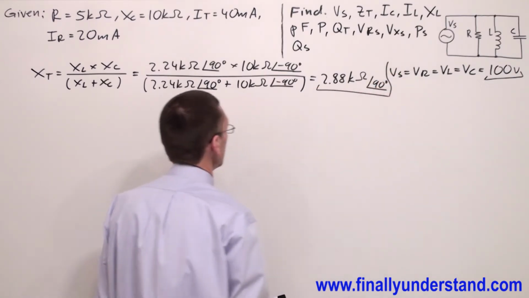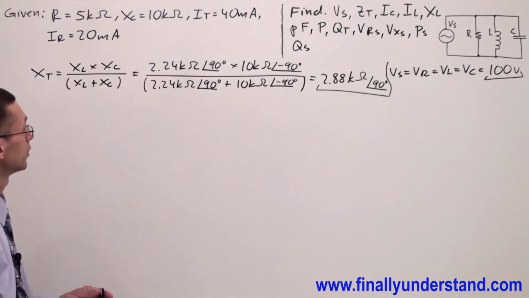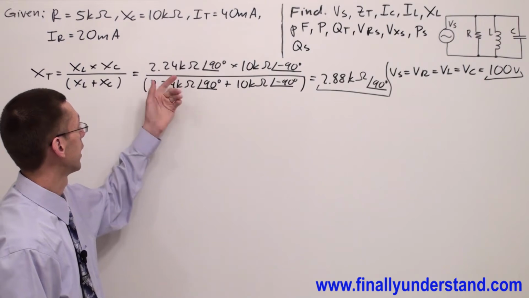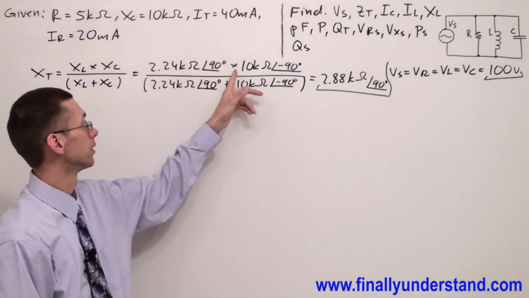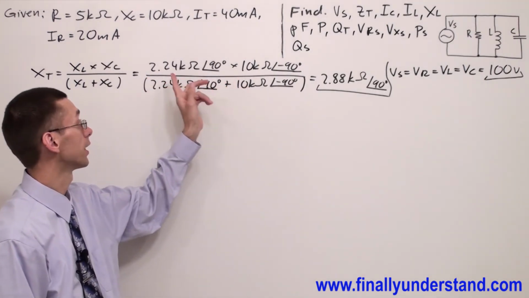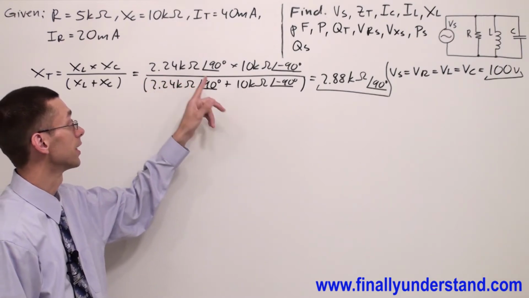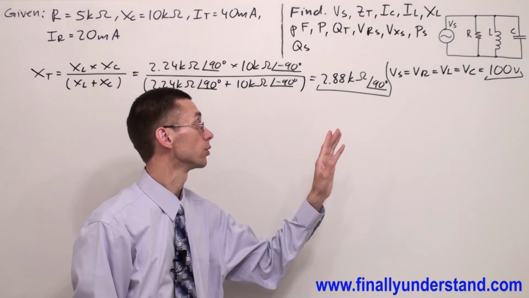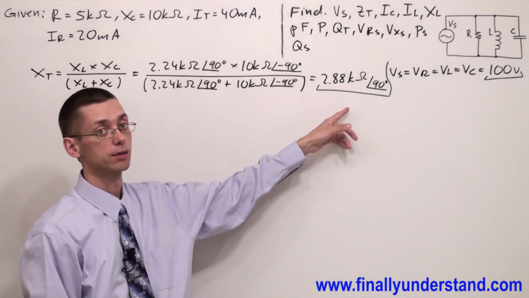Okay? So please notice that X of L has lower value than X of C. So when X of L is less than X of C in the parallel circuit, the angle is going to be positive.